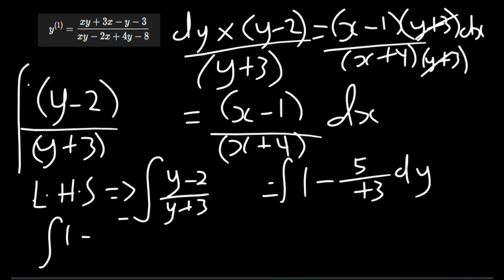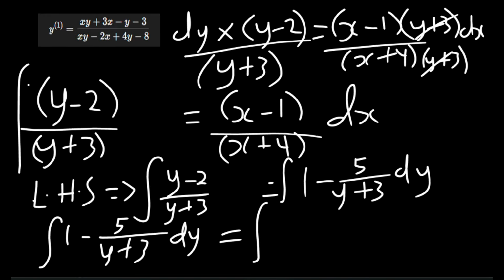So we rewrite our left hand side equation. So that is the integral of 1 minus 5 over y plus 3 dy is equal to the integral of 1 minus 5 over x plus 4 dx.